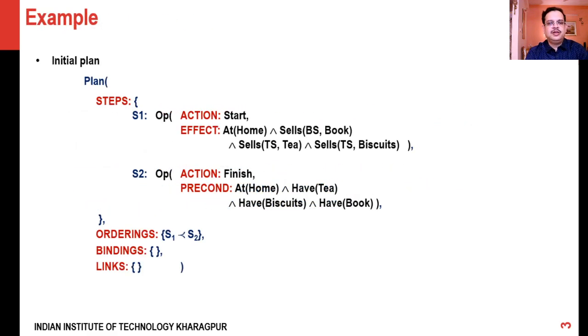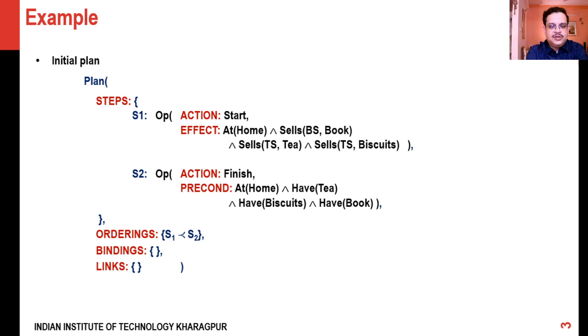So as you may recollect, we started off by defining the initial plan, and the plan will have, as was discussed in the last slide, the set of steps. Now these steps are the actions that form the part of the plan.